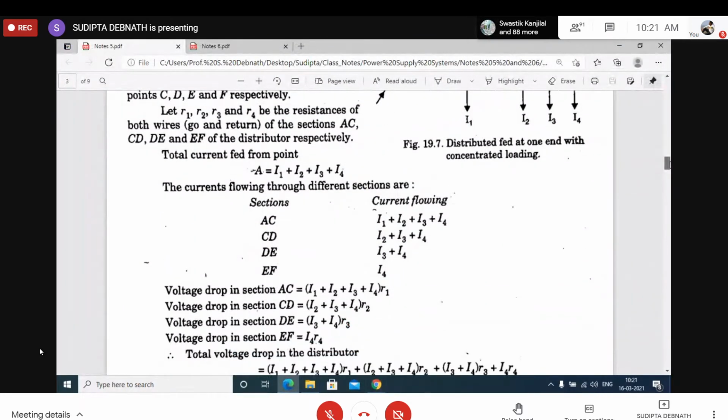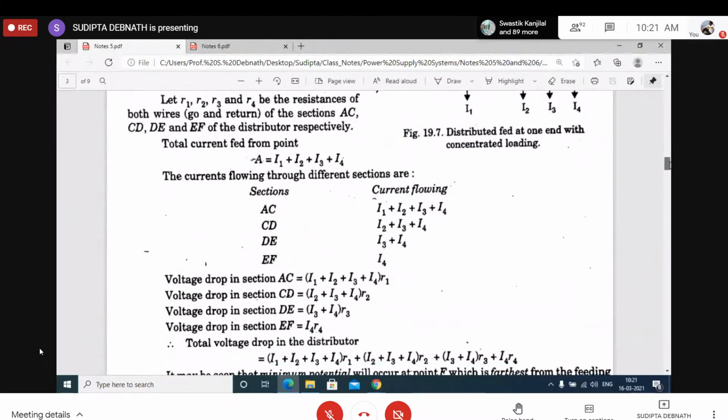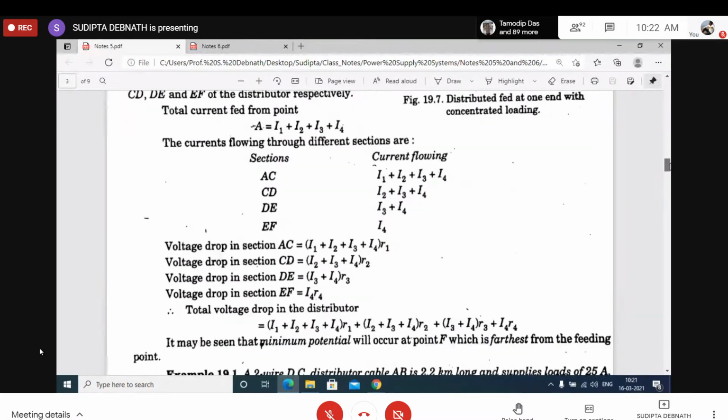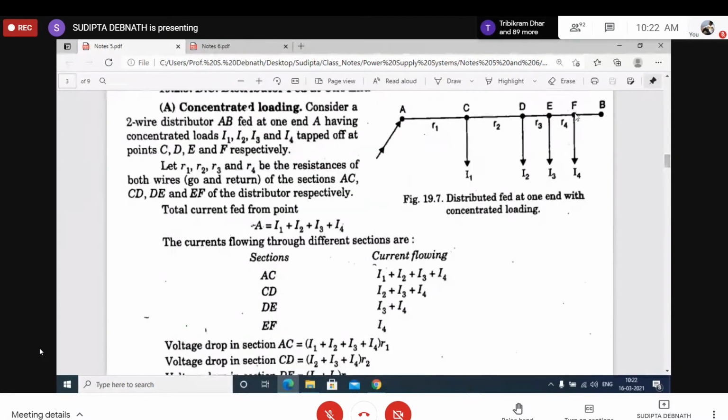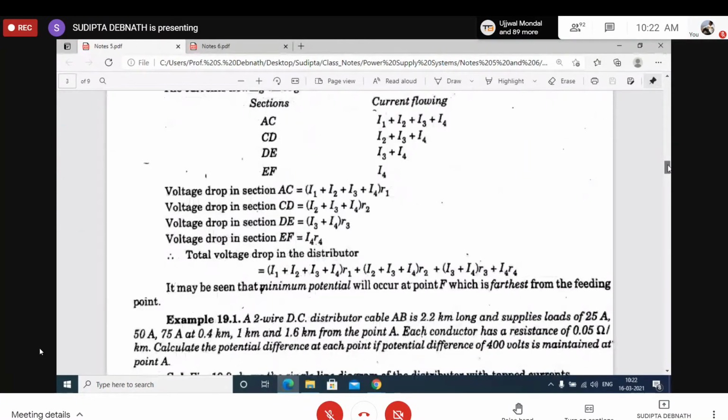As soon as you know the voltage drop in different sections, you can find out the total voltage drop just by adding these four, and you can find out the voltages at different sections. Of course, you can understand voltage at F will be minimum. Let us discuss some problems, then everything will be clear to you.